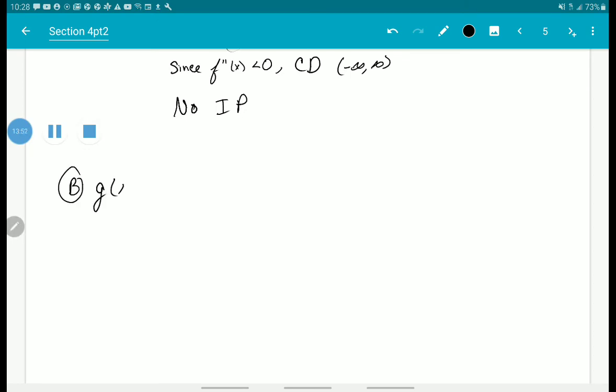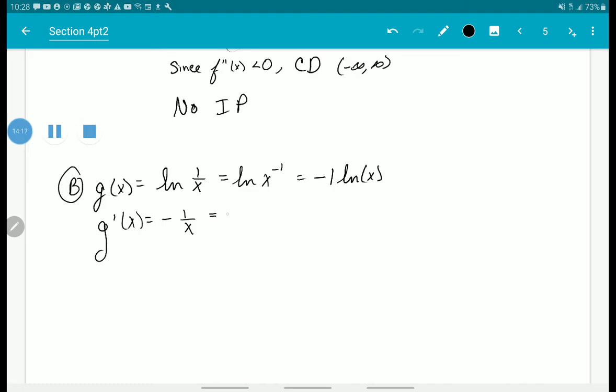Let's look at that second matched problem. It was g of x equals the ln of 1 over x. Now we could rewrite that as x to the negative 1, or negative 1 ln of x. So rewriting makes it easier to take the derivative. The derivative of the ln is 1 over x.